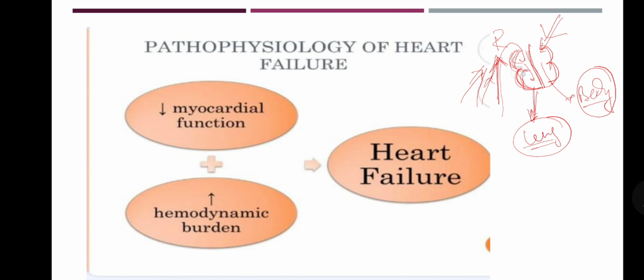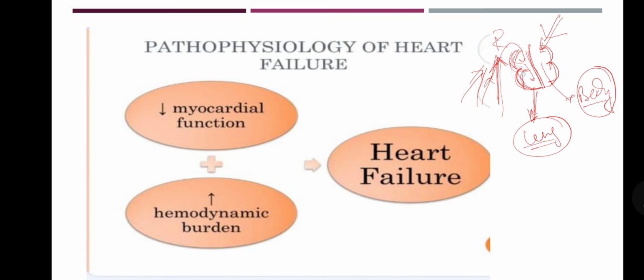As we know, cardiac output means how much blood is ejected out from the left ventricle. As I said before, all of the blood from the lung enters the left atrium, then the left ventricle, and goes from the left ventricle to the body.